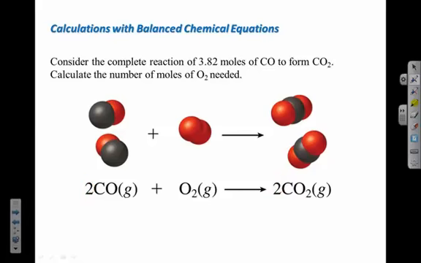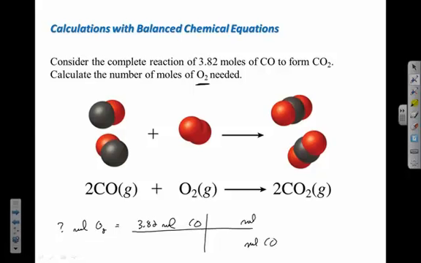So if I want to relate one substance to another substance, I need that relationship. So if I want to relate it to the oxygen, I want to say, how many moles of oxygen do I need to react with 3.82 moles of CO? Well, I need to cancel the moles of CO and get moles of oxygen. So that comes from their coefficients.